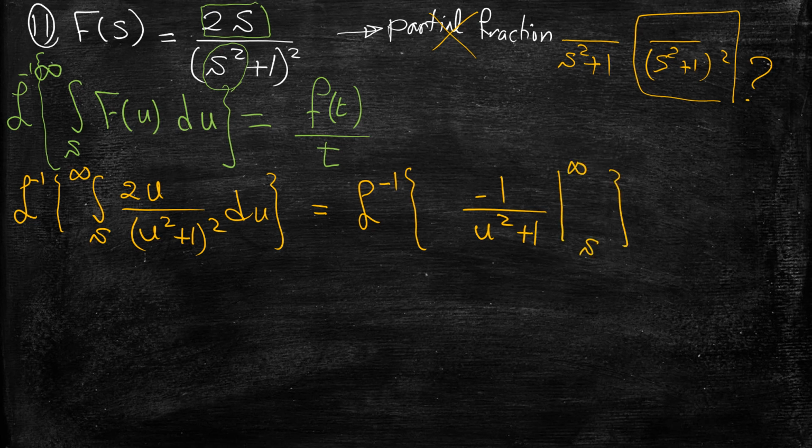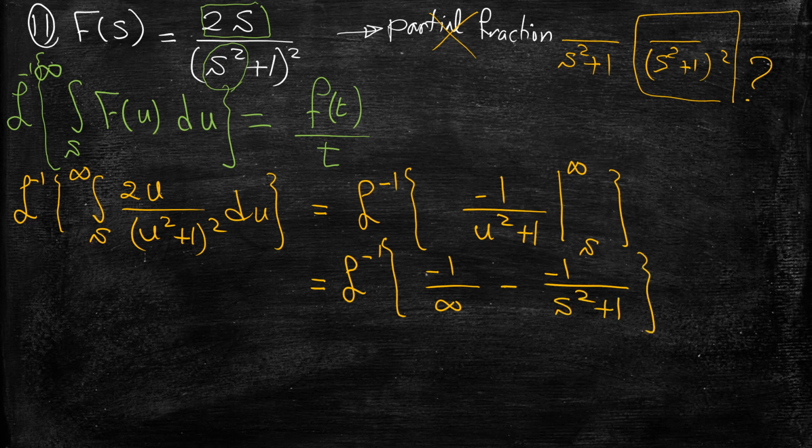So let's substitute. It will be Laplace inverse of minus 1 over infinity, or the limit as u tends to infinity to be more accurate, minus minus 1 over s squared plus 1. So this first term will be 0. The two minus signs together give Laplace inverse of 1 over s squared plus 1.